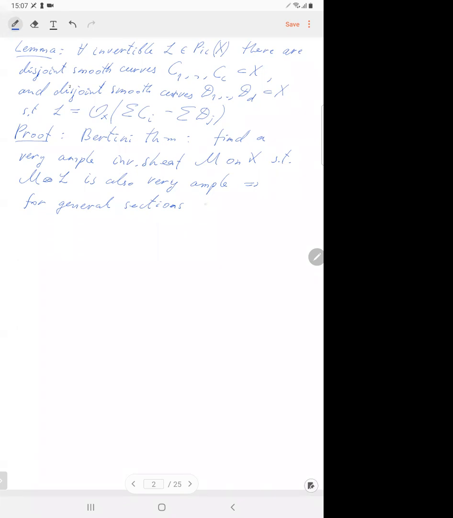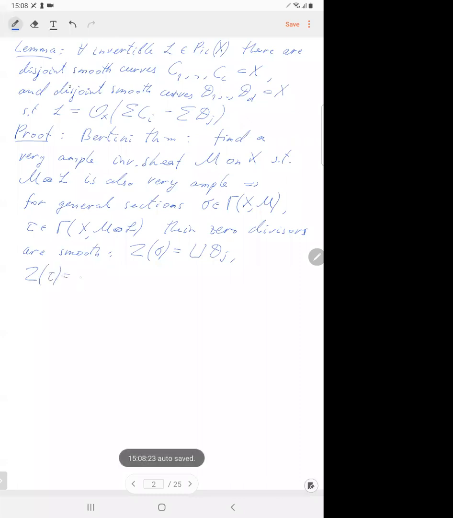So for general sections, like sigma in global sections of M and tau in global sections of M tensor L, their zeros are smooth, namely the zero divisor of sigma is the union of the D_j's, and the zero divisor of tau is the union of the C_i's.